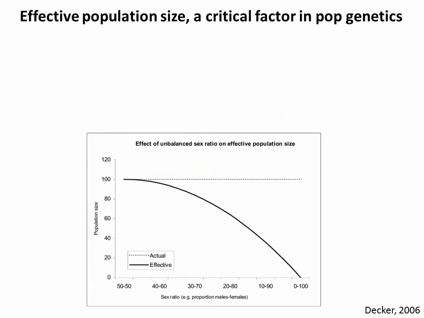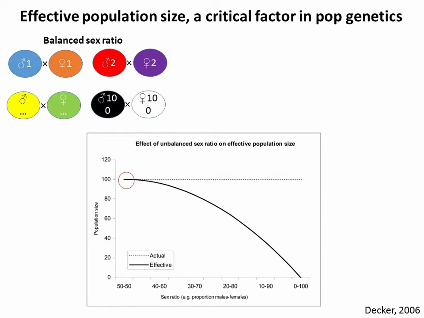Okay, so if we go back to this case. Imagine, like before for the pangolin, that we have a balanced sex ratio, so there are as many males as females. And imagine that in this case we have an effective population size of 100, which means that each of these individuals is unique and each of them will mate.